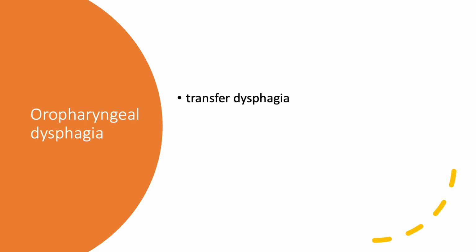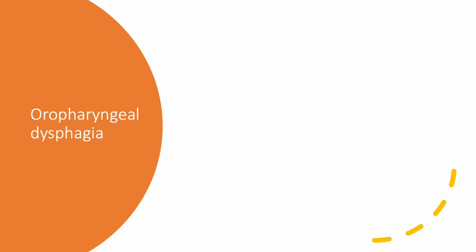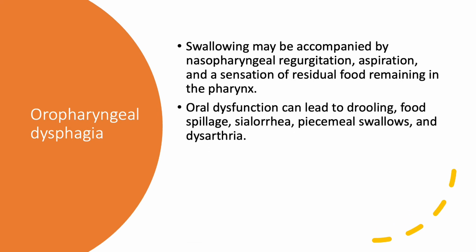Oropharyngeal or transfer dysphagia is characterized by patients having difficulty initiating a swallow. Patients may point towards the cervical region as the site of their symptoms. Swallowing may be accompanied by nasopharyngeal regurgitation, aspiration, and a sensation of residual food remaining in the pharynx.